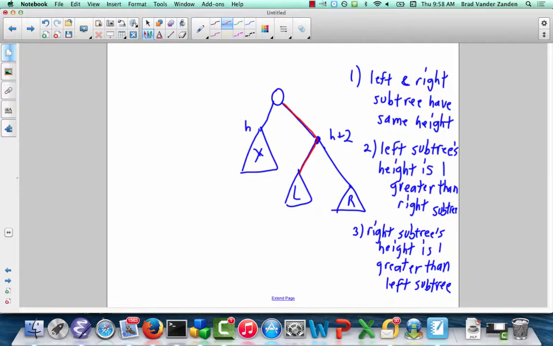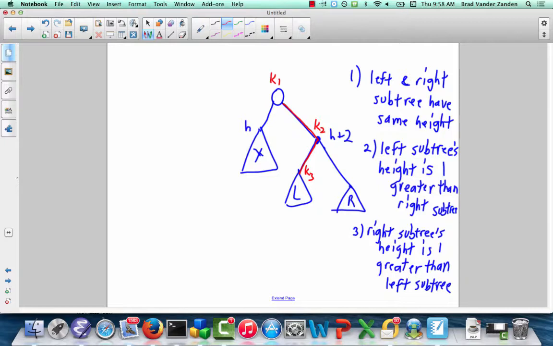If I label these nodes K1, K2, and K3, what are we going to do in order to rebalance the tree? Double rotation. About which node? K3, about the grandchild. So when we have a zigzag rotation, we find the grandchild of the parent and we do the double rotation about the grandchild.